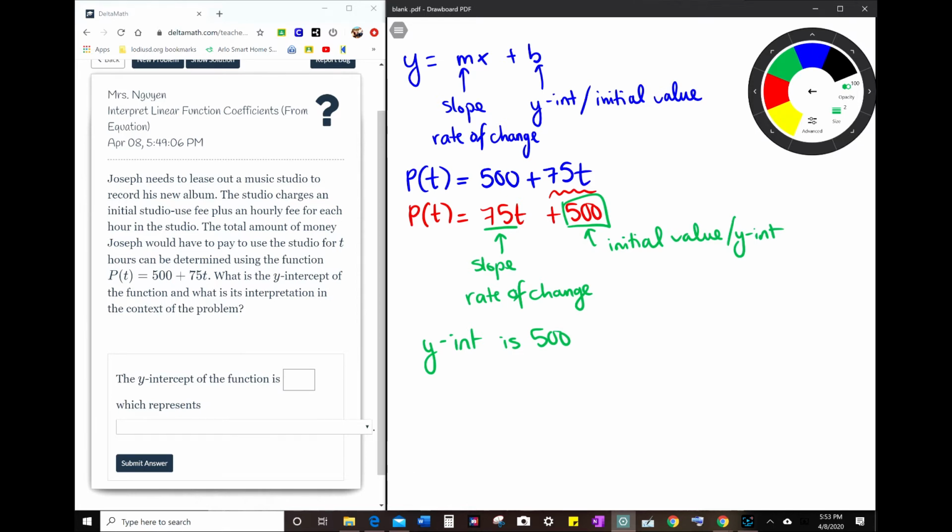So 500 will represent the initial, and this means the initial studio use fee. So it doesn't matter how many hours you use, you have to pay 500 at the beginning. Okay. So this is the way we use the formula to look at it.